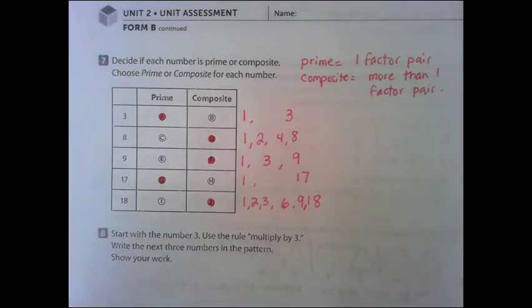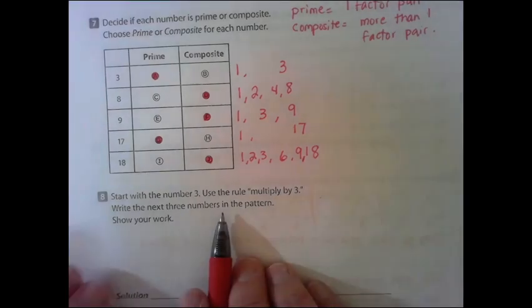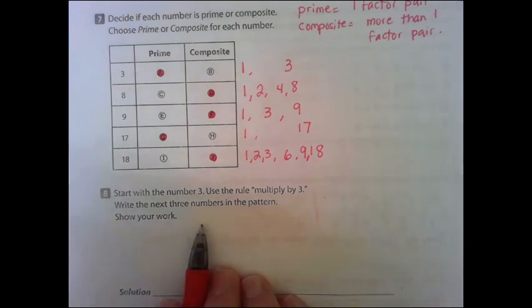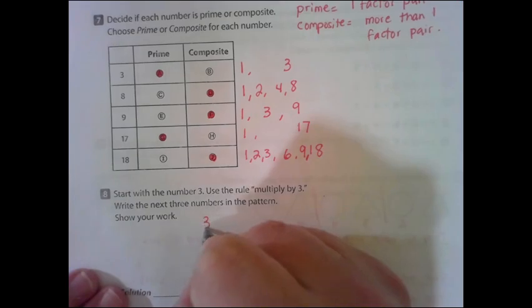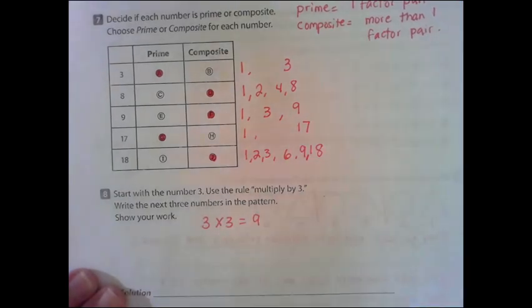All right, number 8. Start with the number 3, use the rule multiply by 3, and write the next 3 numbers in the pattern. And show your work. Okay, hold on a second. All right, so we're going to start with 3, and we're going to multiply by 3. And that equals 9.